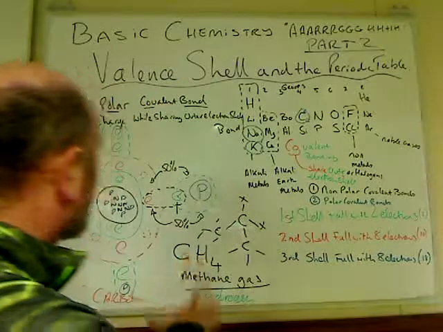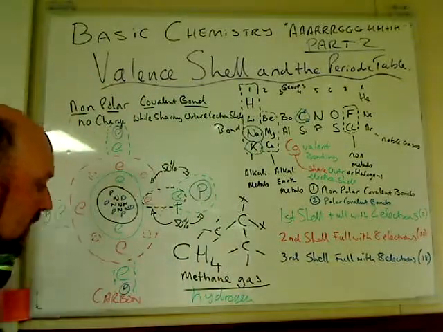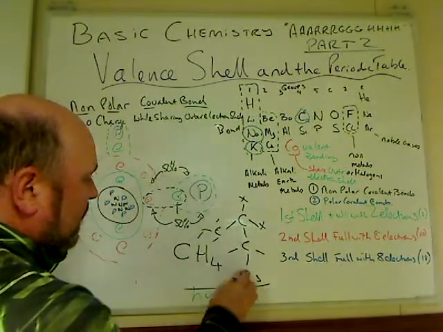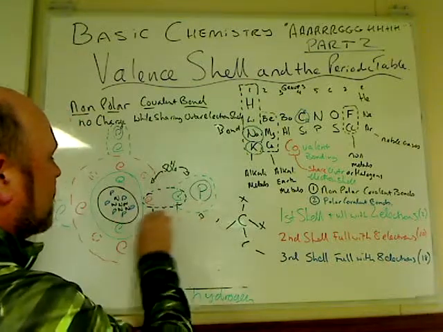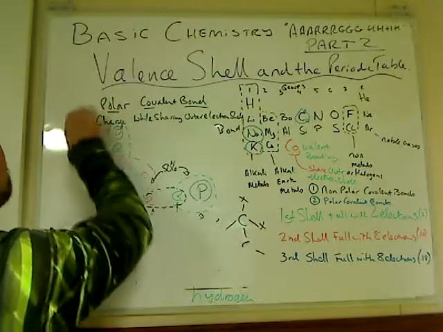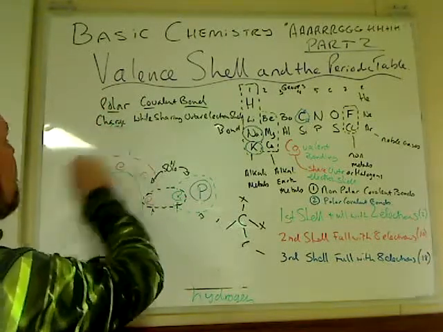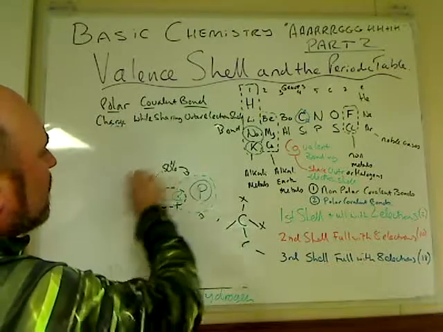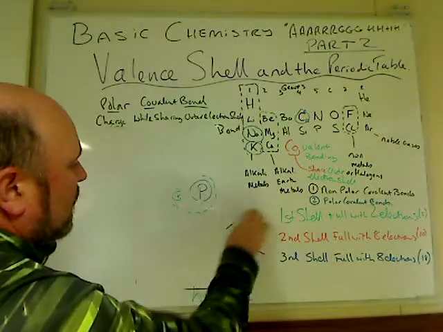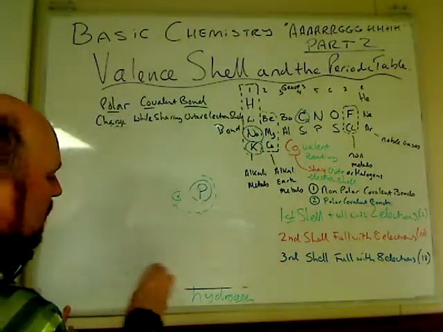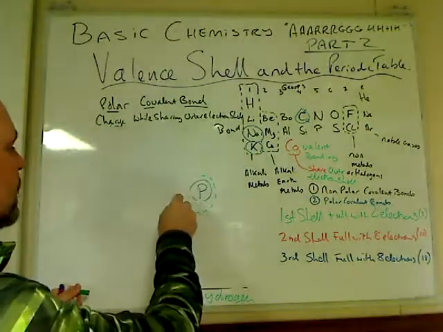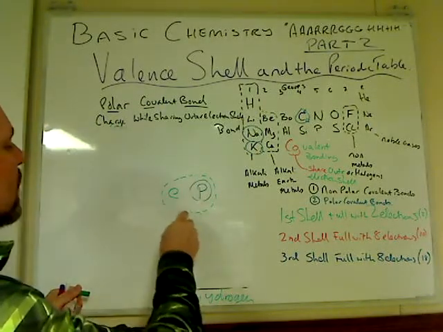So here is our non-polar covalent bond. Now, let's stick with hydrogen. Let's take away the non, which makes us take away the no. Alright, so let's redraw our hydrogen.